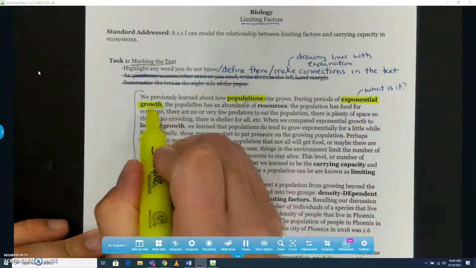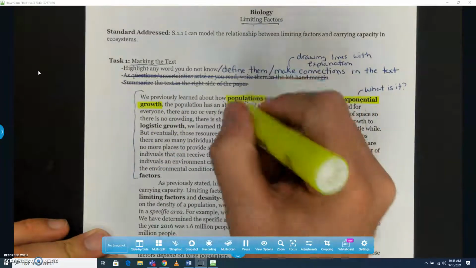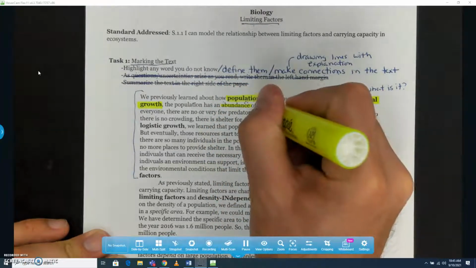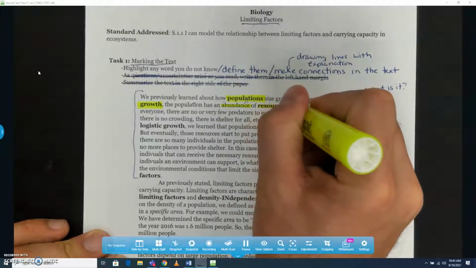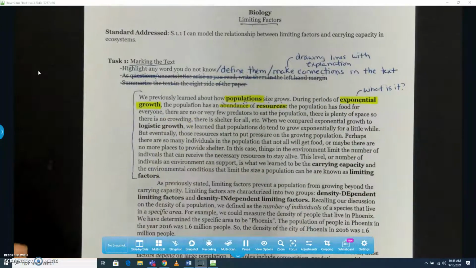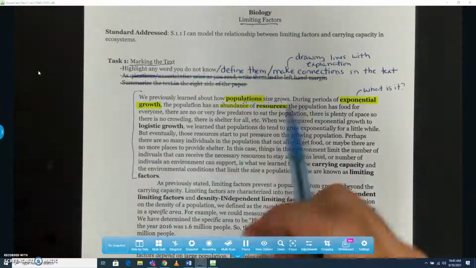During periods of exponential growth, the population has an abundance of resources. Abundance might be a word you do not know. Same with resources. That might actually be two words. So what is it? Exponential growth. It's a population that has an abundance of resources.